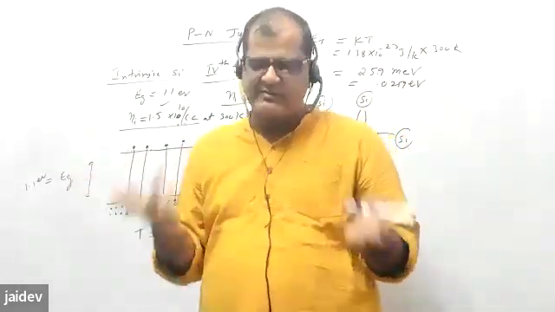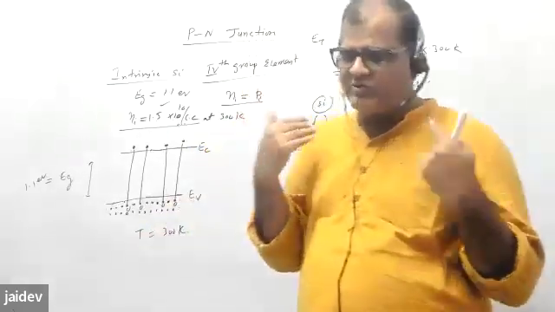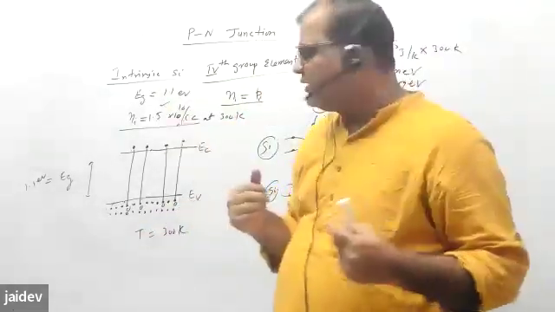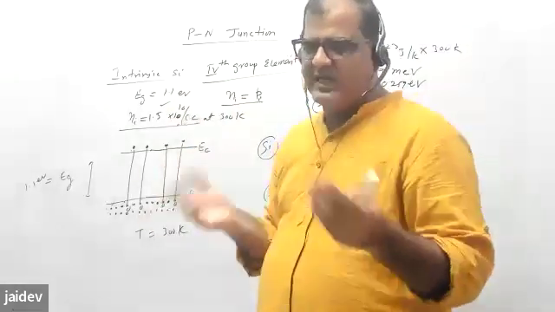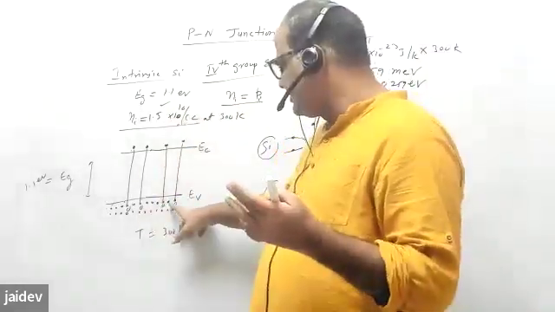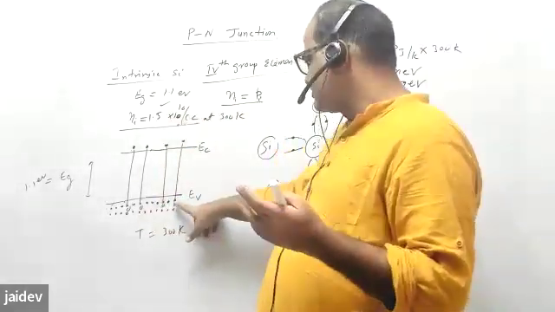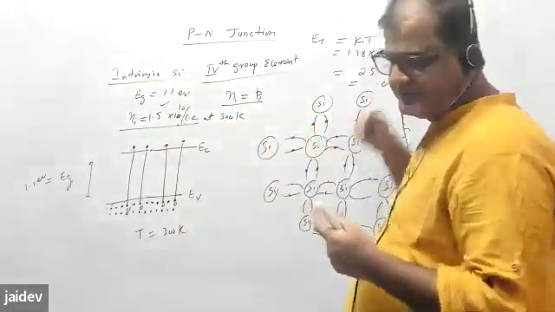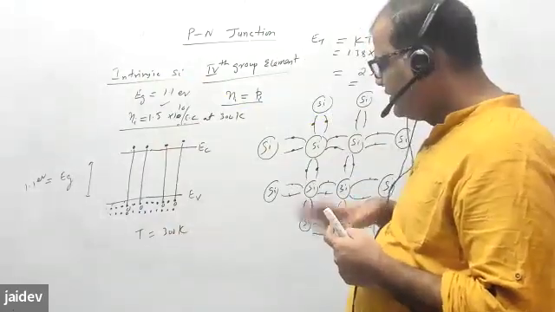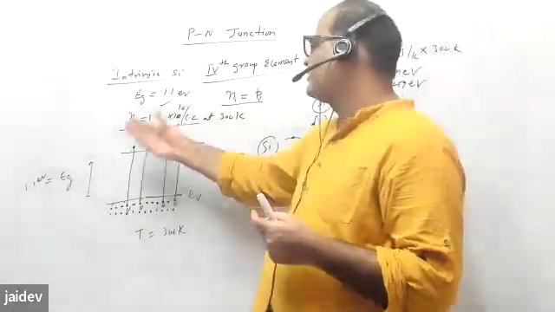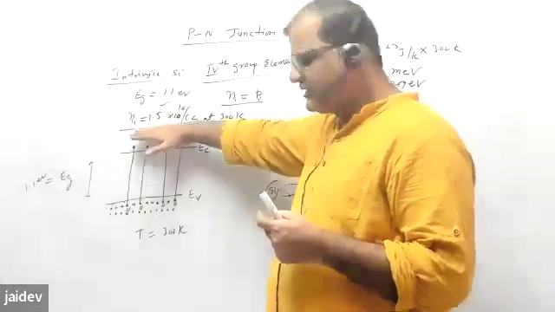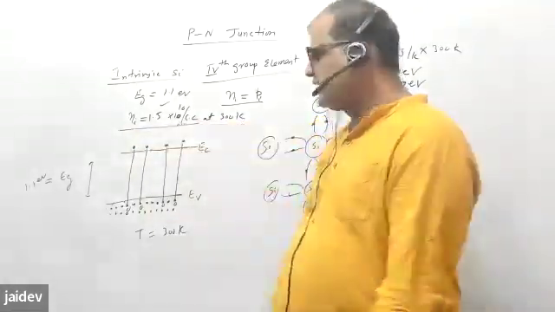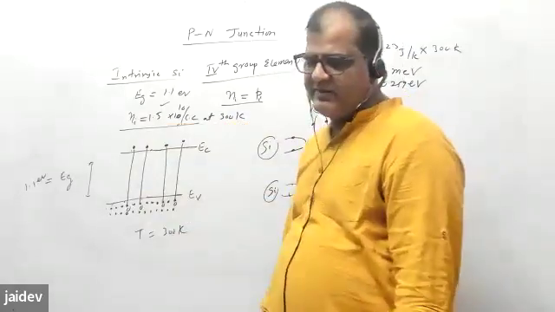The number of atoms is very high, and out of those, some electrons can come. Every atom has 4 electrons sharing, so some of these electrons can come here, and that makes this number 1.5 × 10^10 per centimeter cube.